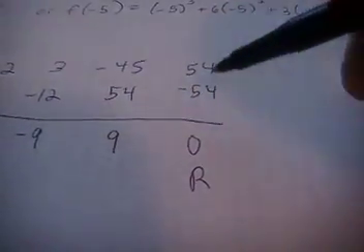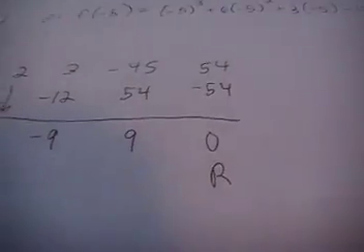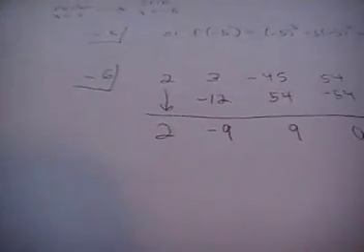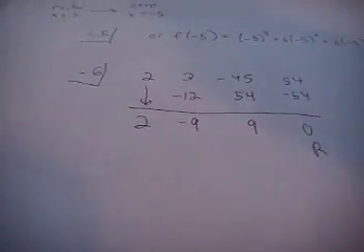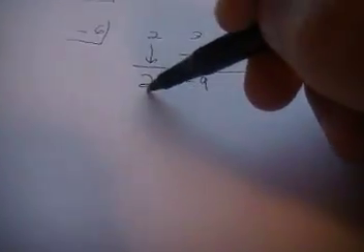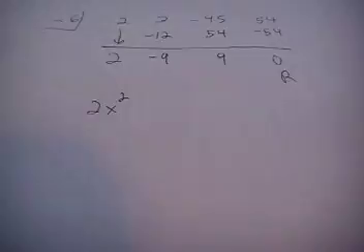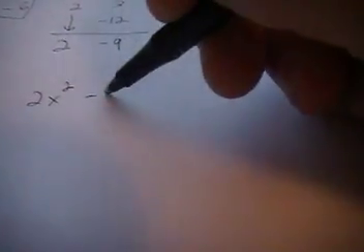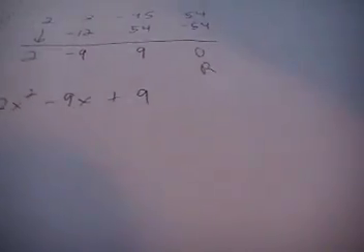It has to be. If I don't get 0 there, something's definitely wrong, because they told me it was a 0. The original problem had x to the third in it, so our first number of 2 is going to be 2x squared minus 9x plus 9, and there's no remainder.